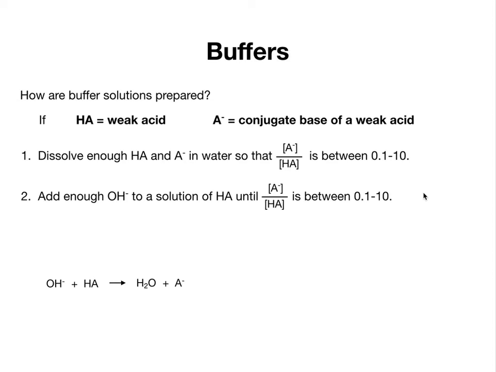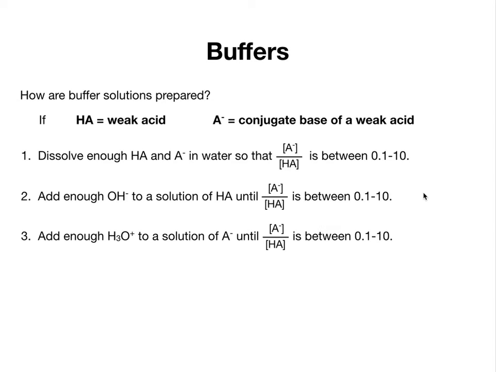There's a third way we can make a buffer solution. We can add enough hydronium to a solution of A- until this ratio is between 0.1 and 10. Let's suppose we have the conjugate base of a weak acid. We have that solution.